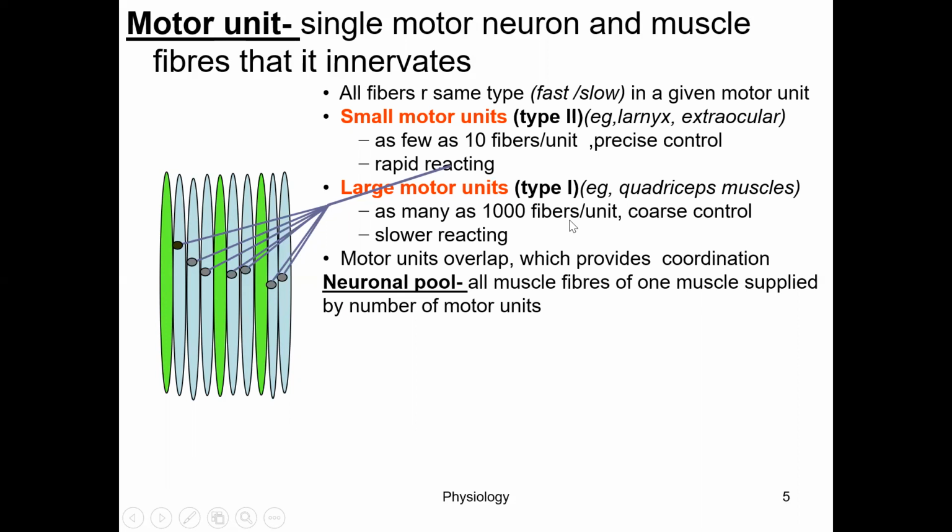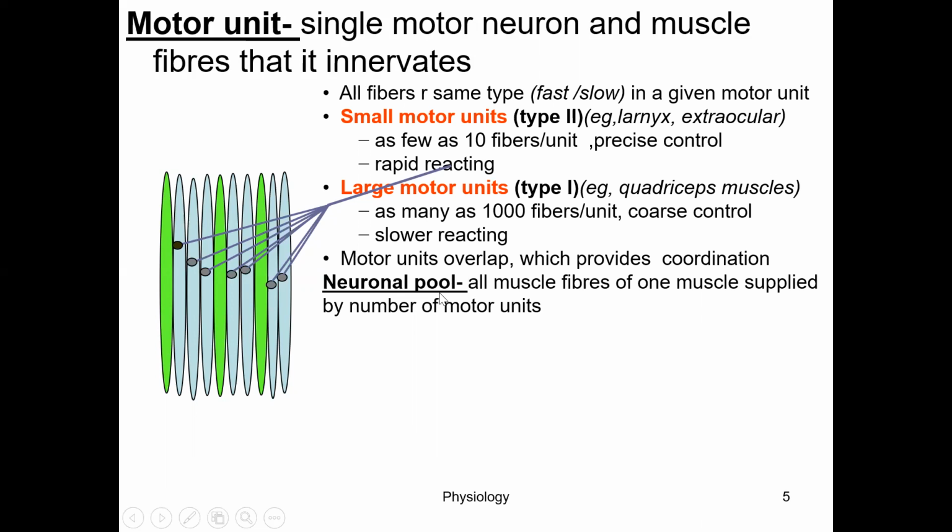Examples of small motor units are the laryngeal muscles and extraocular muscles, which allow precise control and rapid reaction. Large motor units, like the quadriceps and thigh muscles, have coarse control and slow reaction.